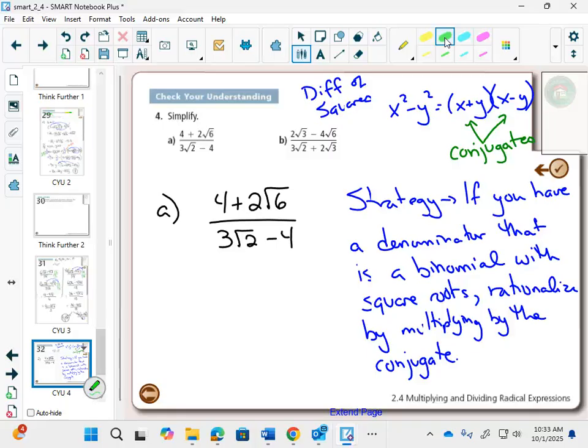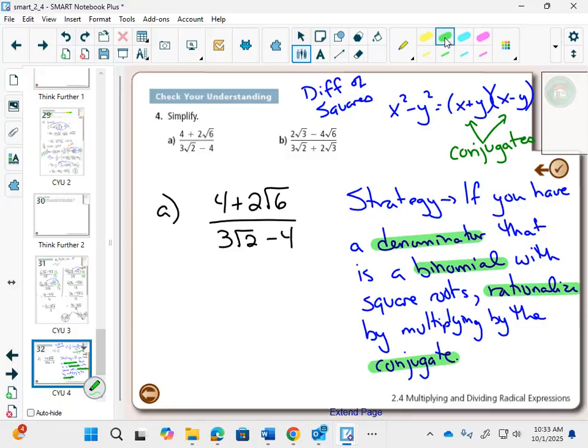If you were talking to your little cousin and you said the word multiply, you wouldn't feel bad, right? If you were talking to your little cousin about denominators, they might look at you and go, I haven't learned that word yet. If you talk about rationalizing, they have no idea what a rational and irrational number is. They have no idea what a conjugate is. They have no idea what a binomial is. There's a lot of key math words in this strategy.